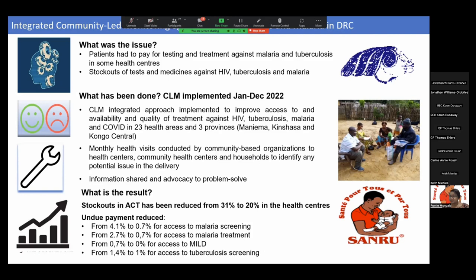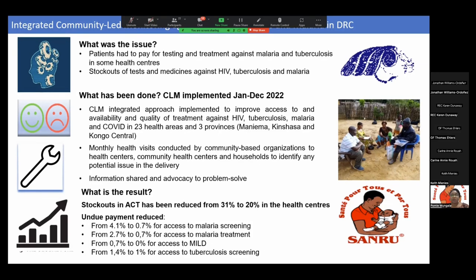So with CLM, community-based organizations do monthly monitoring at the health center level, making sure that inputs are available, that healthcare is provided correctly, that there are inputs for the different diseases, and they also monitor the different care sites available at the center. Also, they do home visits to discuss the services that they receive from the different health centers and community centers.